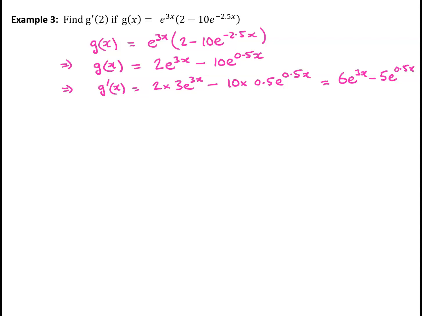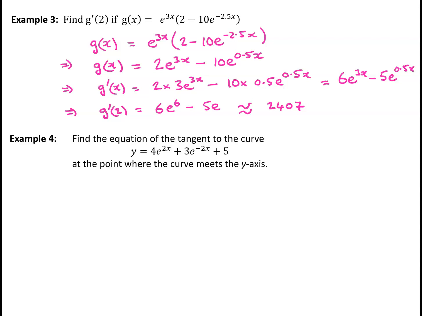So the value of g dash 2 is going to be 6e to the power 6 minus 5e to the power 1, and e to the power 1 is just e. So using our calculator, that gives us a value of approximately 2,407.